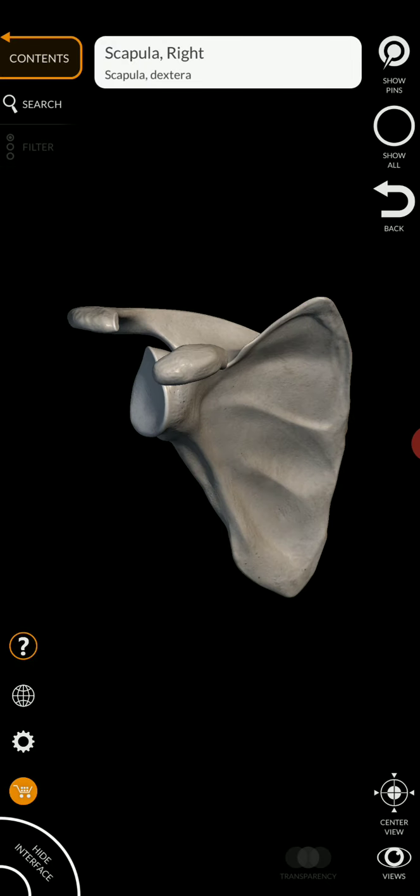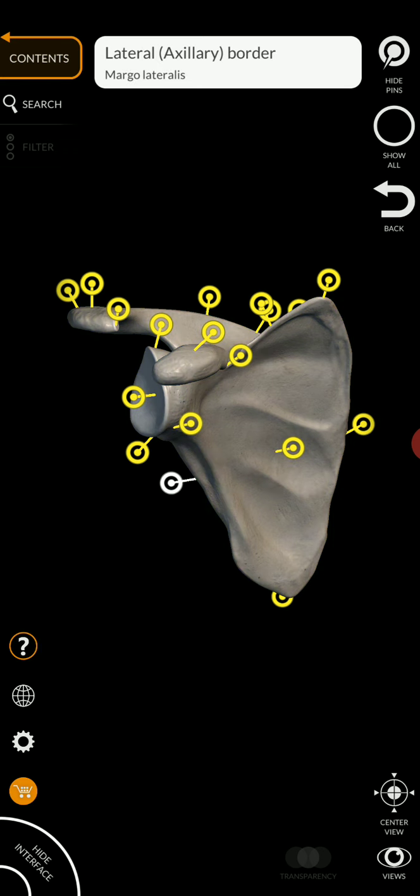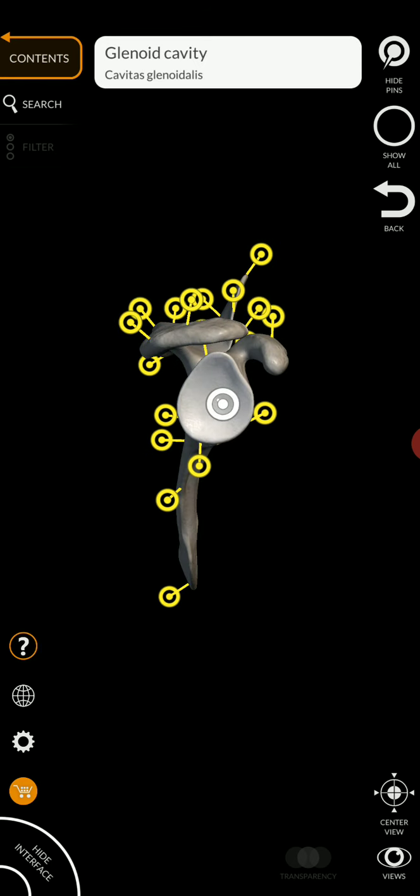Okay, so again, I'll go through the terms you have to know. Medial border, lateral border, superior border, coracoid process, acromion, glenoid fossa.